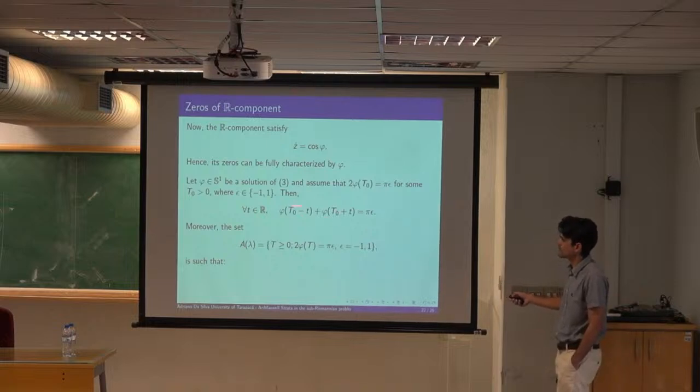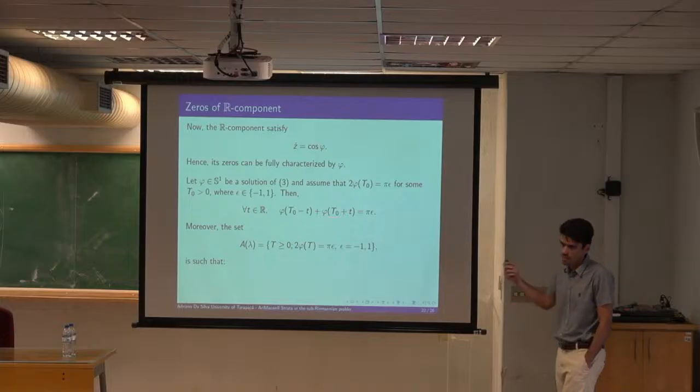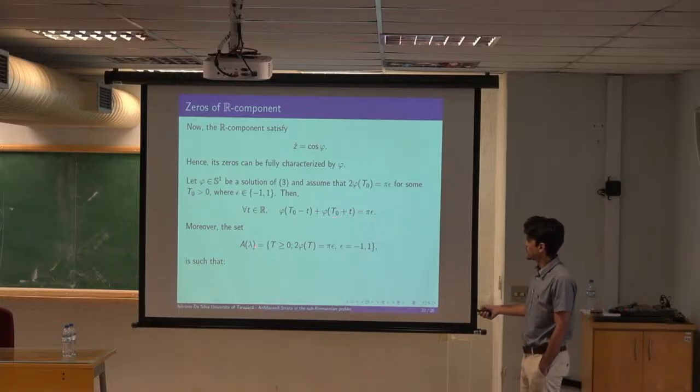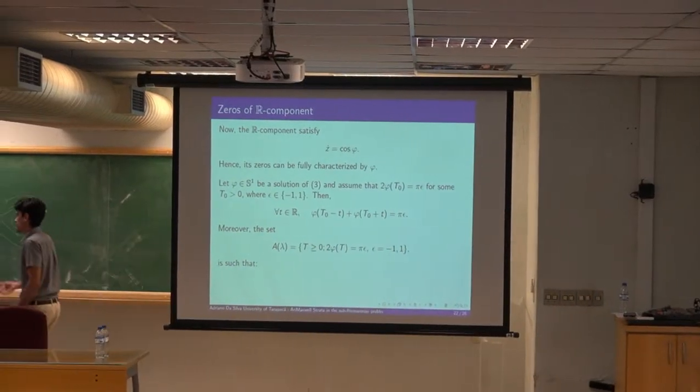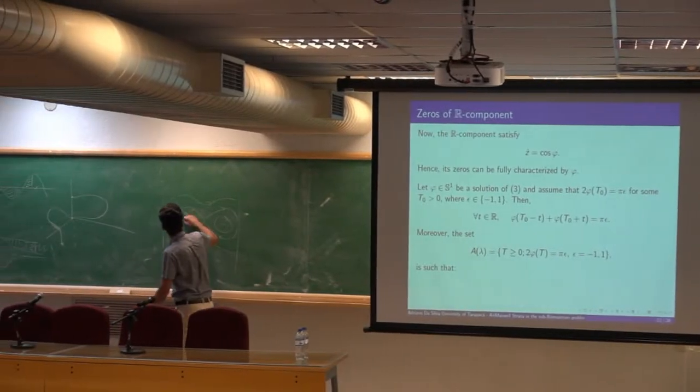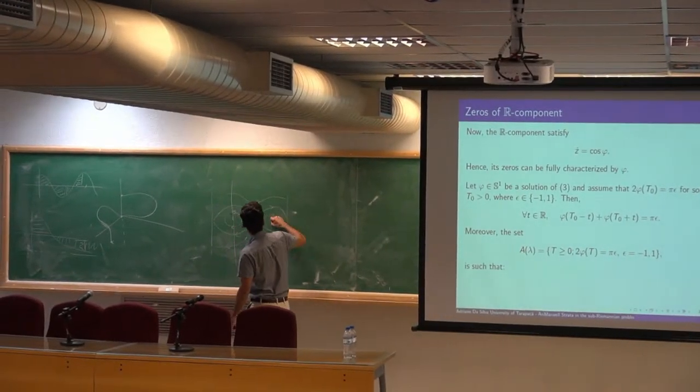Here it says that the cosine of this guy is an odd function. Then you analyze the sets of lambda. Here is the point of the cylinder, here is the solution associated. So you are looking at the set of times where you pass by pi over 2 and minus pi over 2.